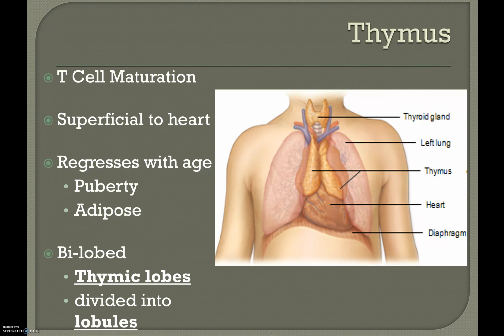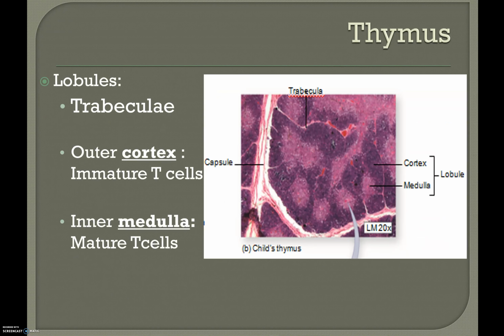After we hit puberty, the thymus regresses and just transforms into adipose tissue. As you see in the picture, the thymus is a bilobed structure, meaning it has 2 lobes, and each lobe is divided into lobules.